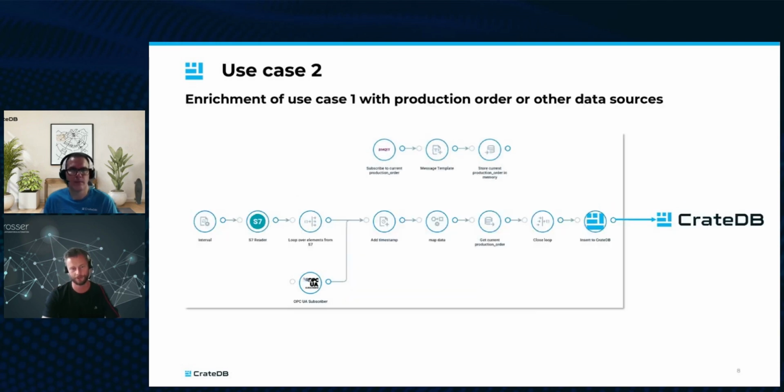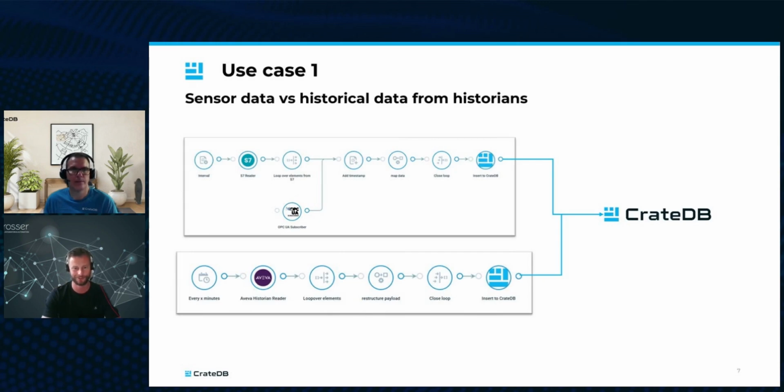Sorry, if you could go one slide back, I just wanted to briefly touch on the second part of this flow, which is to connect and bring data from historian systems into CrateDB as well. So a similar process, but to some degree different, since we need to restructure the data a little bit differently. So here it's not connecting to industrial protocols, but to a historian system, in this case, the Aveva historian.